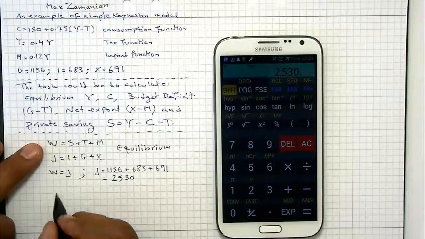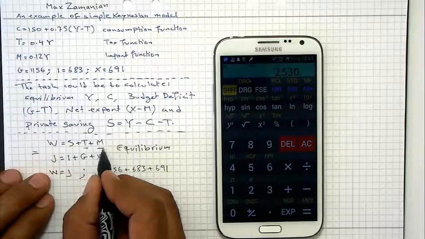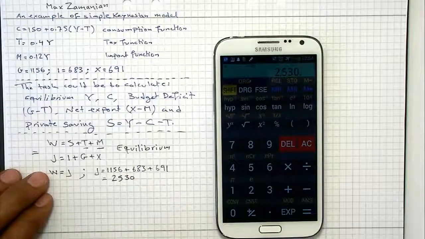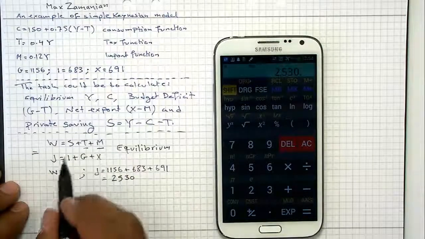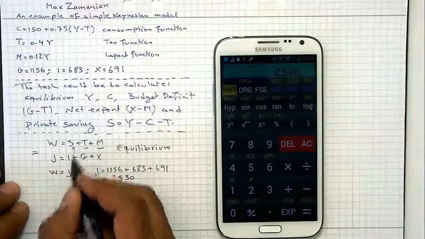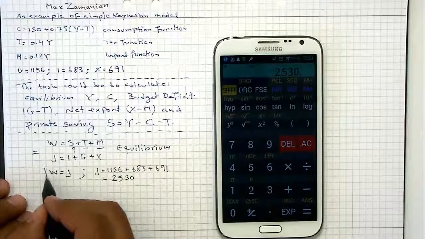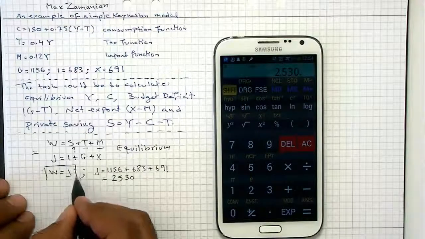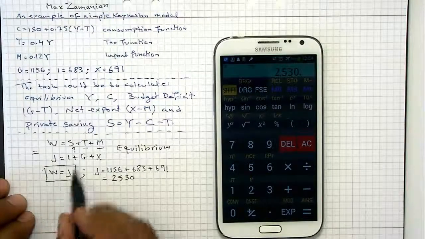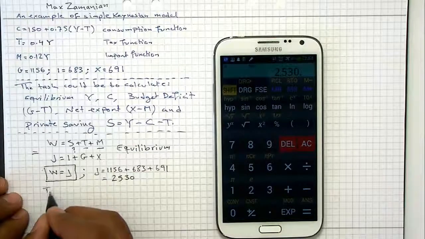Well, for the withdrawals, I have the tax function and import function. And the S is unknown. So I need to carry out this condition for equilibrium. I need to derive the saving function.